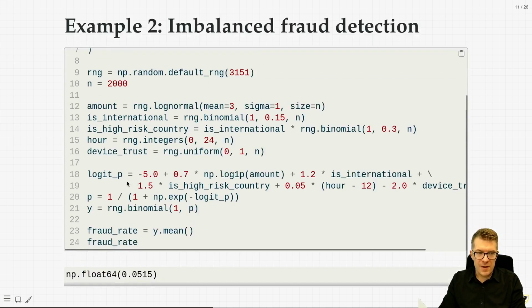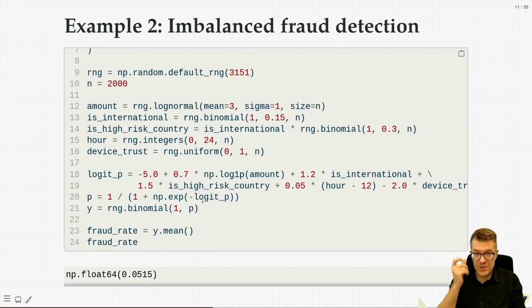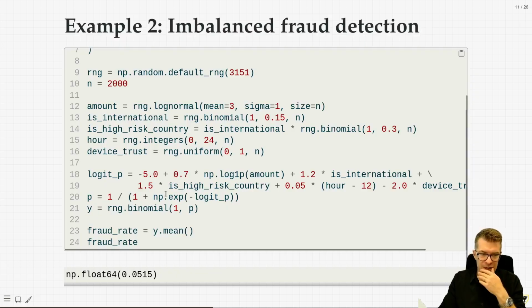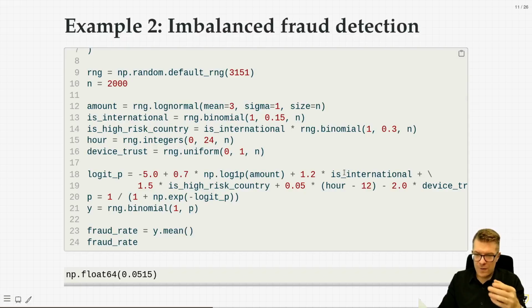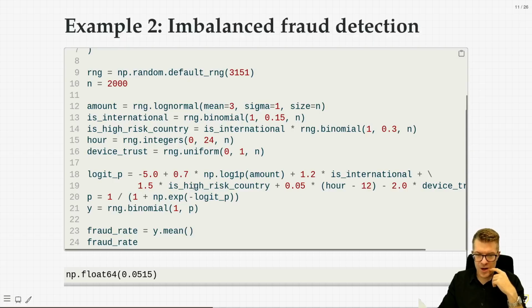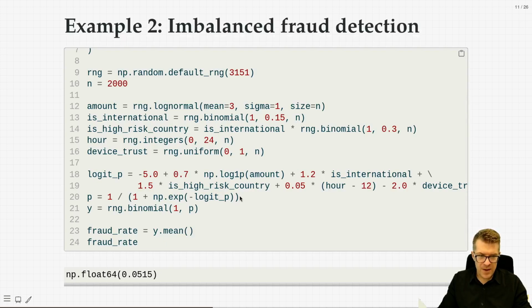So here we just have a logit. So logit, this is our data generating value that basically just combines all of our input features, whether or not something's international, whether or not it's from a high-risk country, and so on, and computes everything together into an overall probability of fraud occurring, which is logit p, and then we put logit p into this function on line 20, which you'll recognize as the sigmoid function.